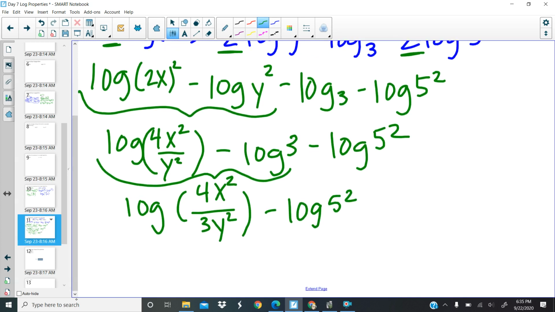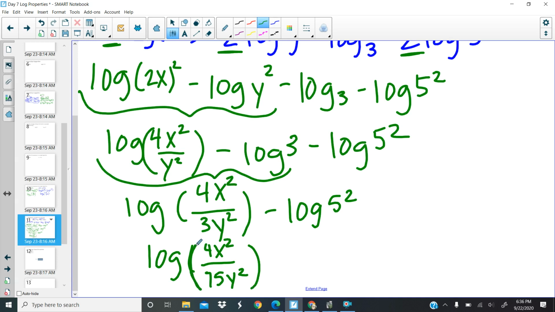And then the 5 squared is the only thing that still needs to be added into that denominator. So we would have log 4x squared on top divided by, and then you need 5 squared times 3y squared. So 5 squared is going to be 25, and then that 25 times 3 is going to be 75y squared.